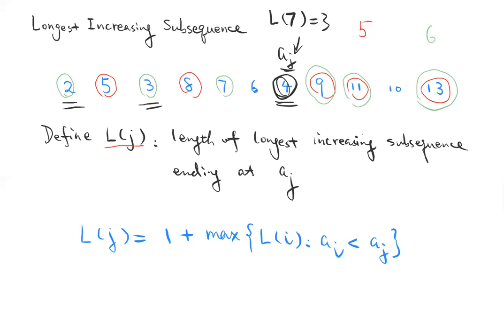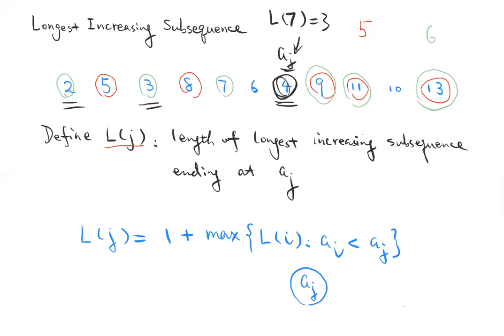Then the length will be the maximum length of these ai, plus 1. Let's illustrate it. So here at aj. Okay, sorry, this pen does not work very well. Sometimes it does.